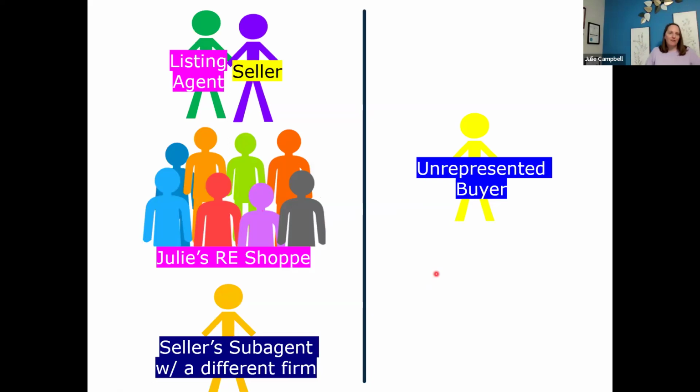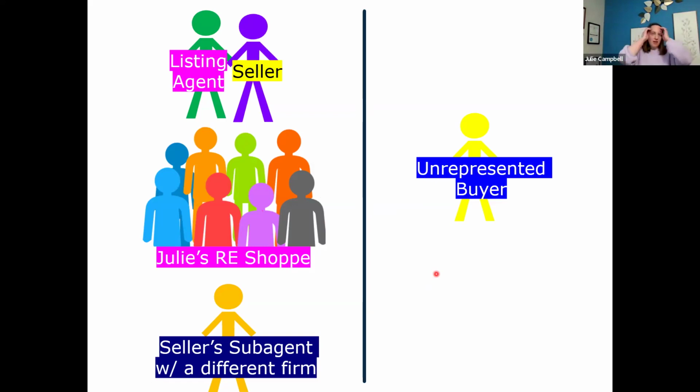The other scenario, again, I got the listing. One of you is the listing agent. We could have a seller sub-agent with a different firm. The seller didn't hire the different firm, but we allowed them to hang out over here with us.